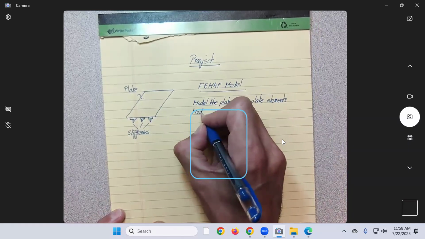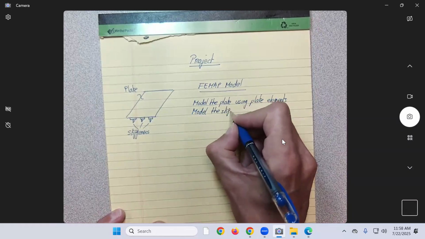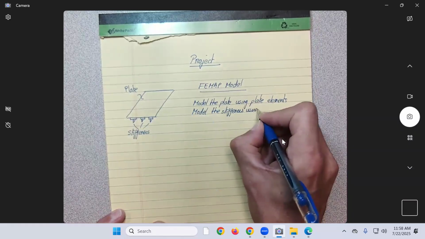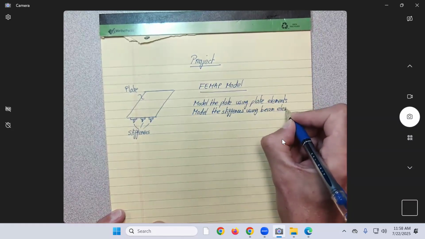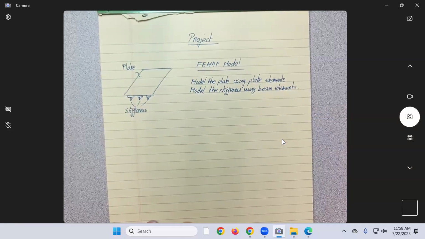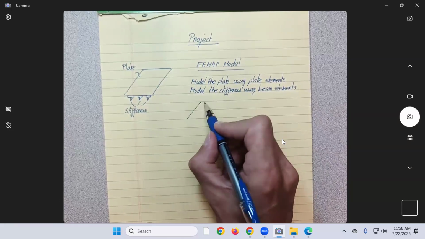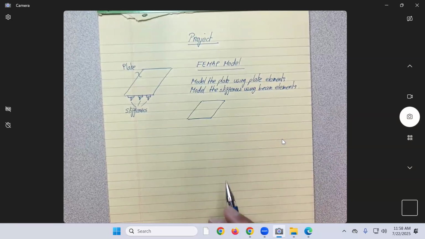Model the stiffeners using beam elements. So what's going to happen is that once you do the model, the plate will be very easy.